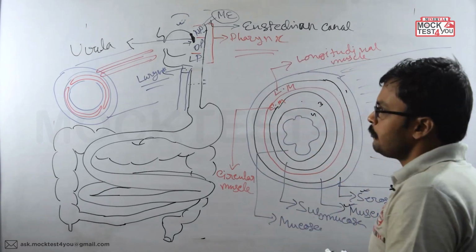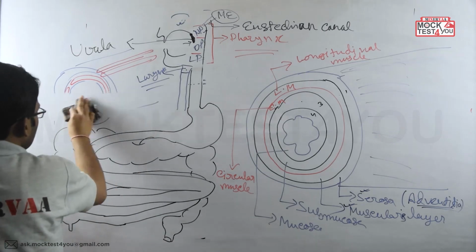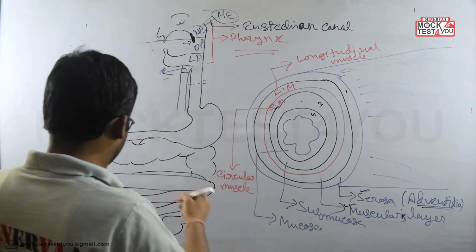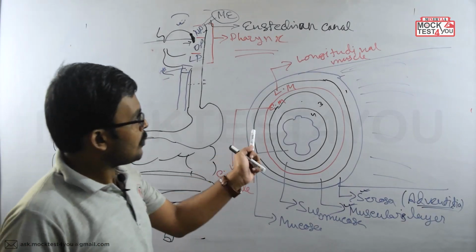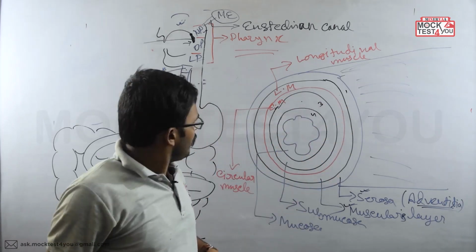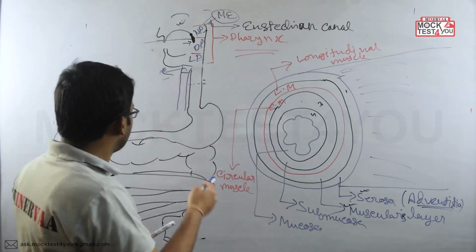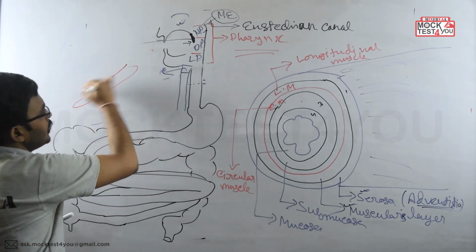Now if we draw the oblique muscle, how is it arranged? The circular muscle was arranged according to the circle, the longitudinal muscle is arranged according to the length. So definitely the oblique muscles are arranged obliquely in the wall.